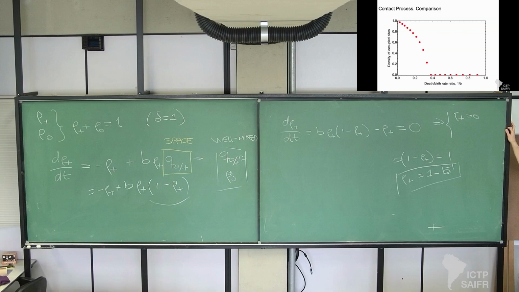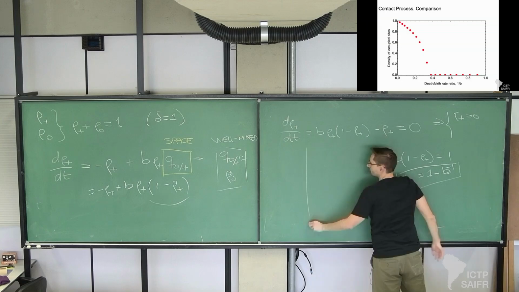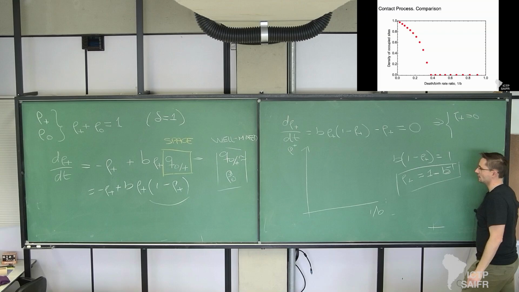So what the well-mixed approximation is telling me is that the density of occupied places as a function of 1 divided by B is something like this.